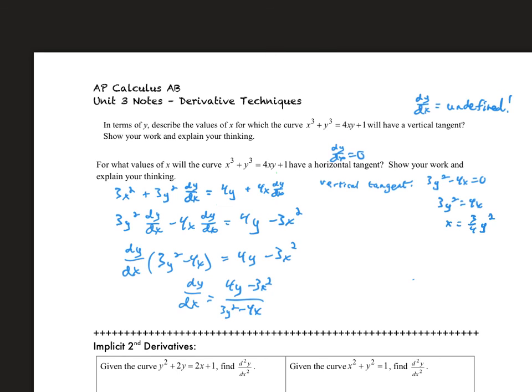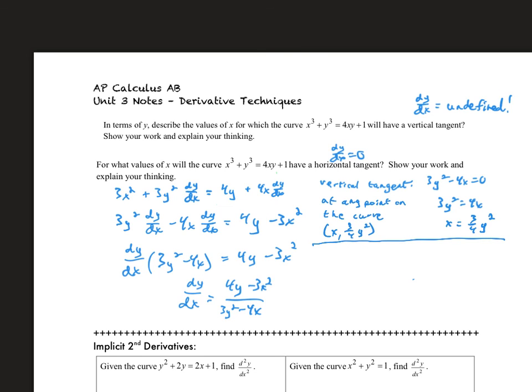This means at any point on the curve, x and 3/4 y squared, that's where that's going to go undefined. Okay, kind of a strange explanation. We'll probably look at this in class and look at the different situations that are going on here.